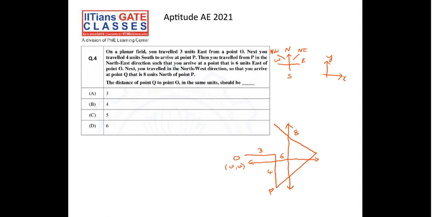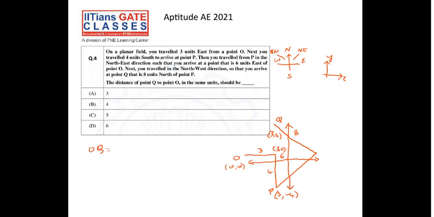Let me start with point O as the origin, 0, 0. I travel 3 units east to reach 3, 0. The x coordinate only has changed, the y coordinate is the same. Then when I travel south, I reach 3, minus 4. And finally, when I reach this point Q, I'll have reached 3, 4.